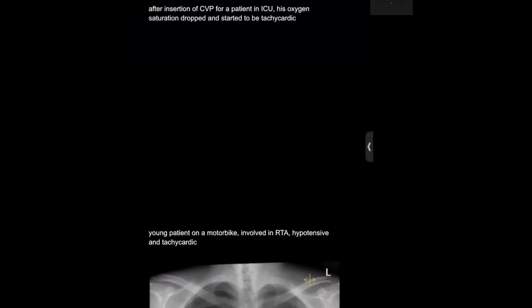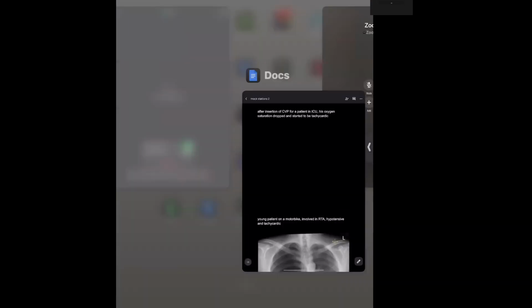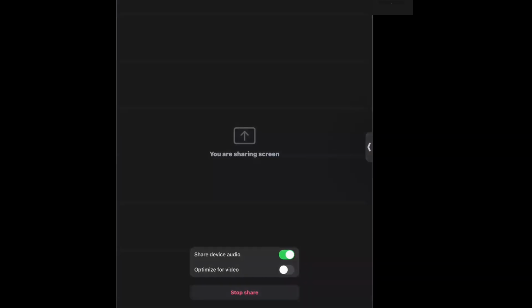For assessment of breathing, we look, listen, feel. Look for the chest movement and if there is use of accessory muscles, and listen for respiratory sounds or if there is any additional sound, if there is a stridor, and feel for the chest expansion.